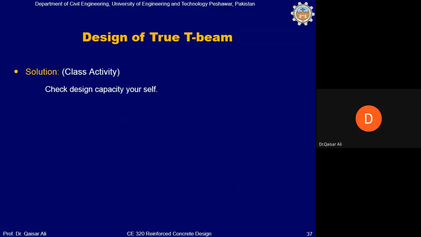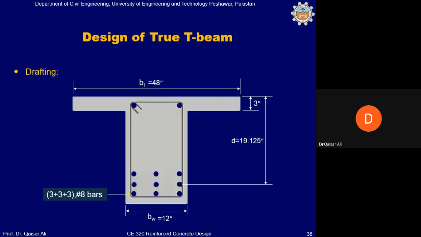The design capacity can be checked. You can check the design capacity yourself. Is there any question? A bar will be placed like this.